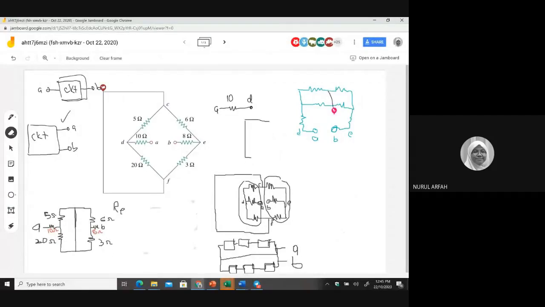And what is the value for this value? For this part, you can write the equations. Find which one is in series, which one is in parallel.